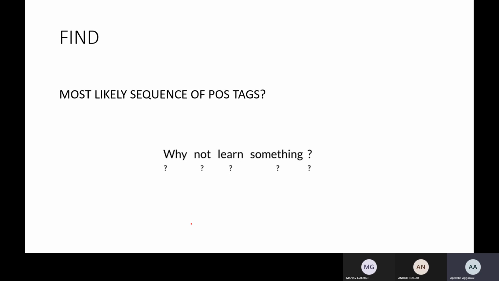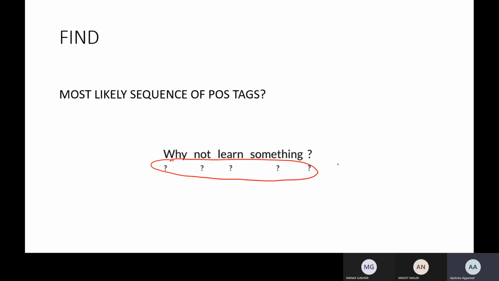We want to calculate the chances that this sequence of POS tags will appear in the sentence. So we want to calculate the probability of the whole sequence of POS tags, right? We want to know whether this is a noun or not, and whether the next would be a noun or a verb or not.